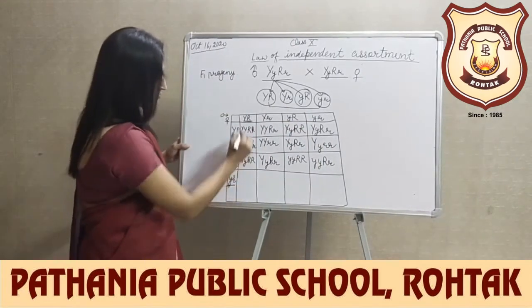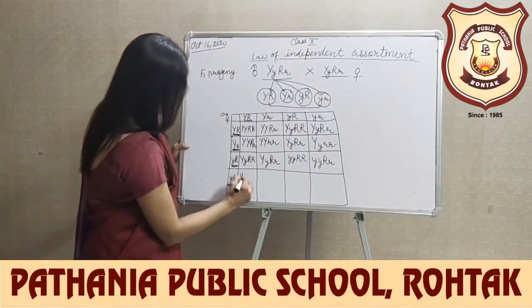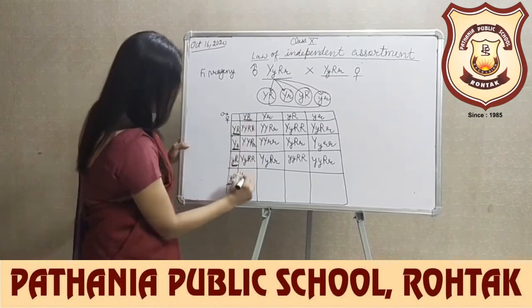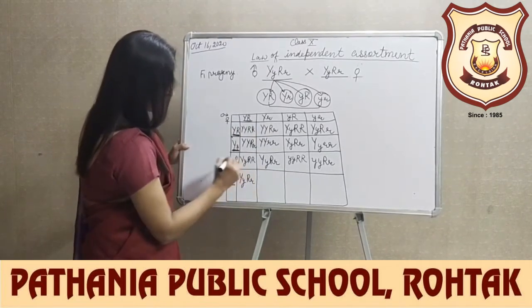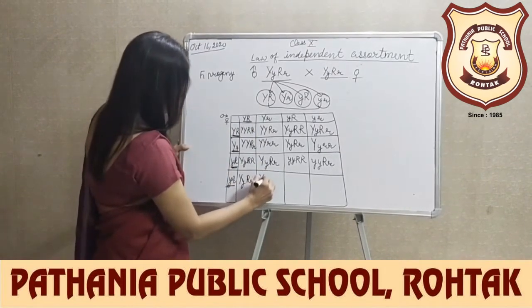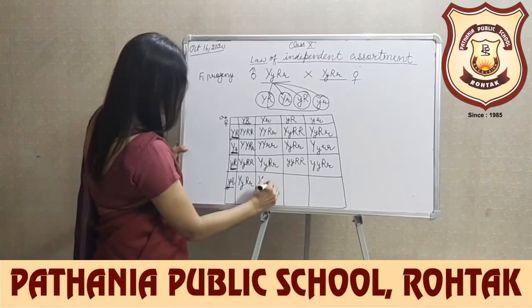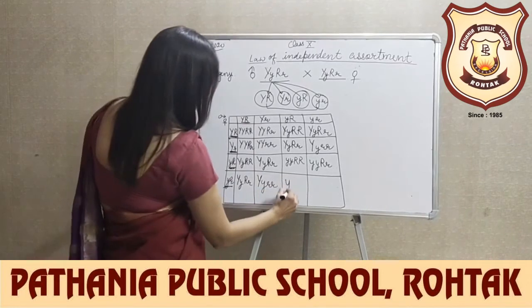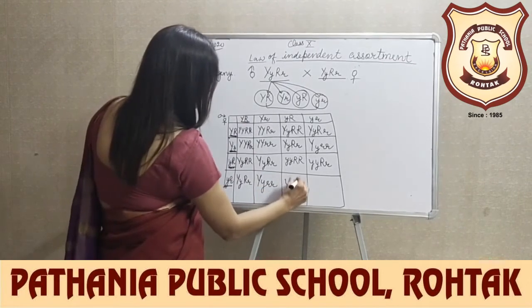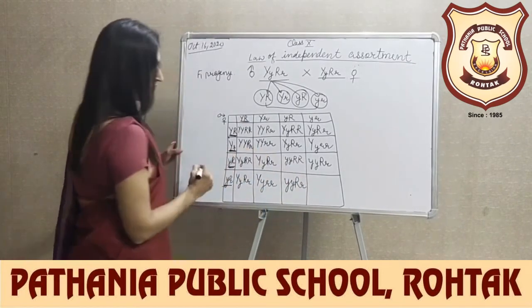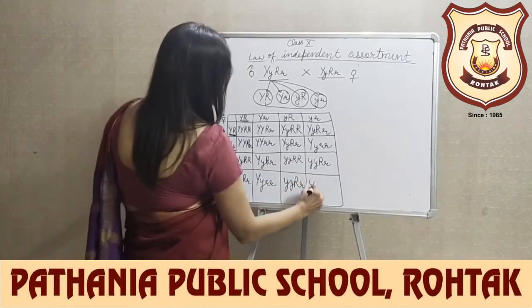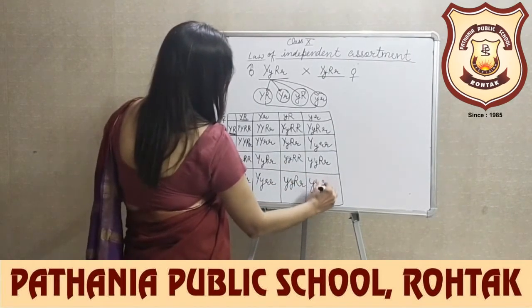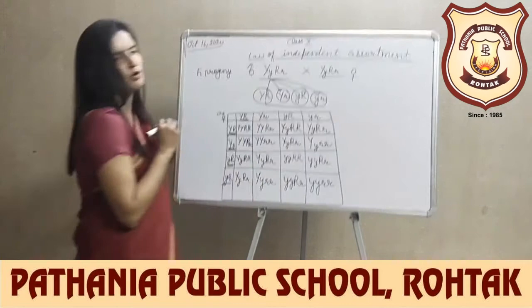The last with all of them: capital Y, small y, capital R, small r; capital Y, small y, small r, small r; small y, small y, capital R, small r; and then small y, small y, small r, small r.